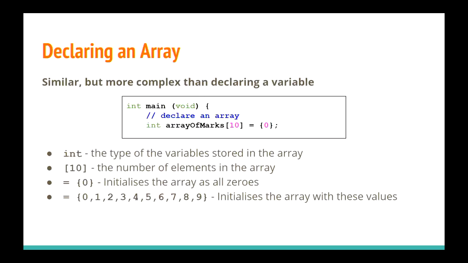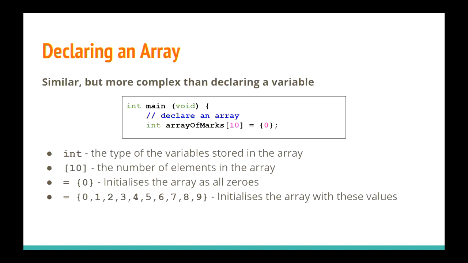So I've declared this integer array called array of marks, and I have said I'm going to have 10 integers in this. I'm going to be given 320 bits worth of information separated into little 32-bit chunks that I can put separate integers into. This other bit on the end here is the initialization of the array, which is quite particular.